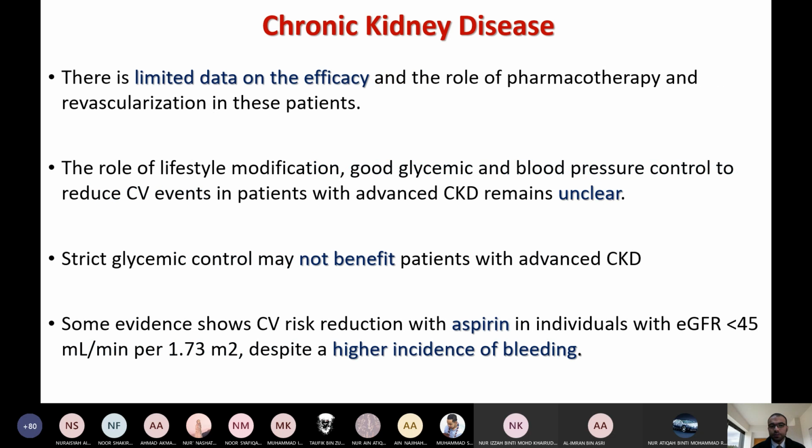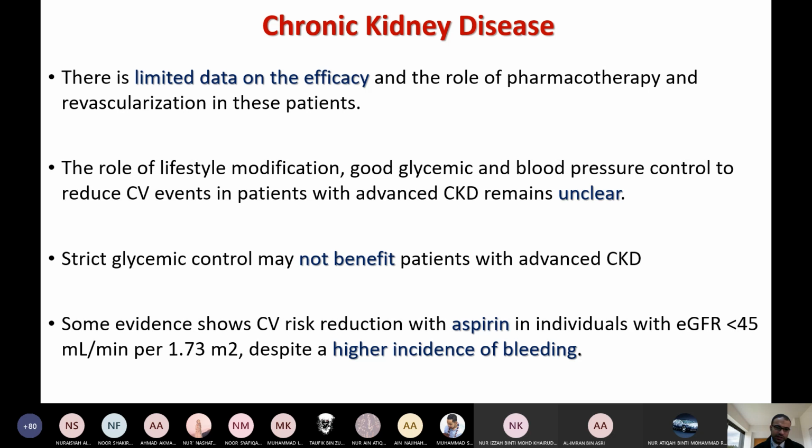The last one in the special population is chronic kidney disease. For chronic kidney disease, there is no extensive data on CAD and CKD together, but of course the general control of lifestyle, medication, blood pressure and glycemic control will be generally important.